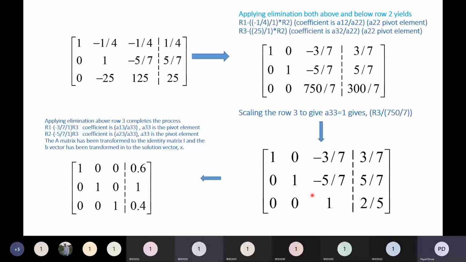Yes, very good. So this entire row we have to multiply with 7 divided by 750 by 7, so that you get the unity element here. And 300 by 7 divided by 750 by 7, and you get 2 divided by 5.